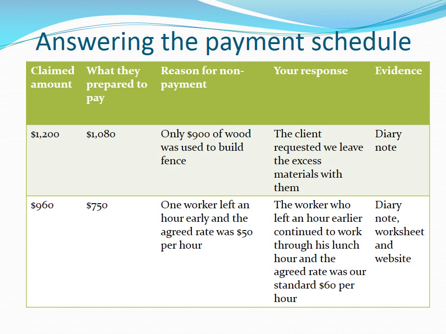Your response is, the worker who left an hour earlier continued to work through his lunch hour and the agreed rate was our standard $60 per hour. Your evidence could be a diary note, or in this case is a diary note, worksheet, and website if, for example, you have your standard $60 per hour mentioned on your website.